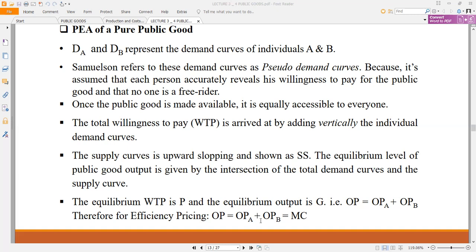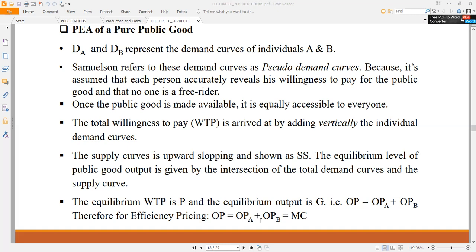So for a private good, we equate marginal benefit to marginal cost. But for a pure public good, the marginal benefit is the summation of the prices that the various individuals are willing to pay.